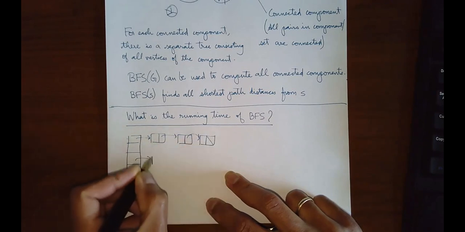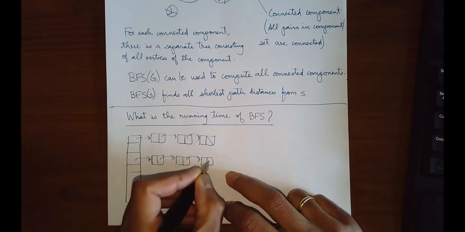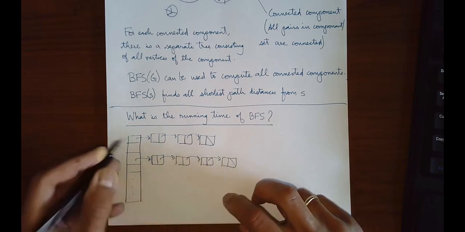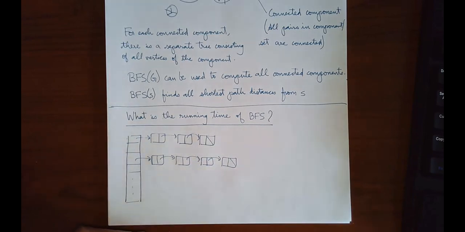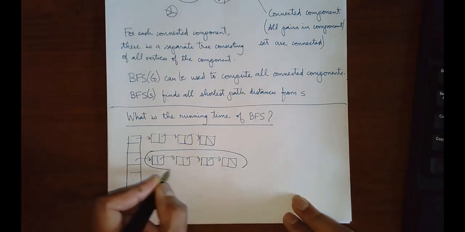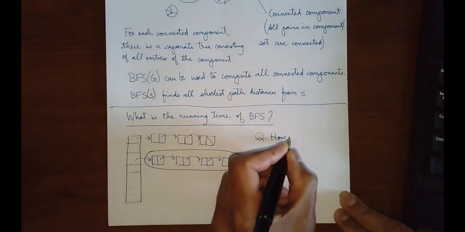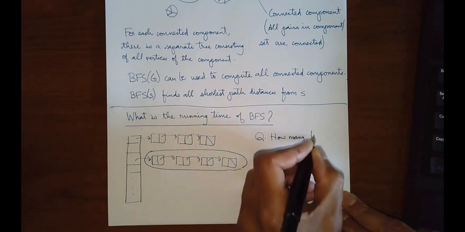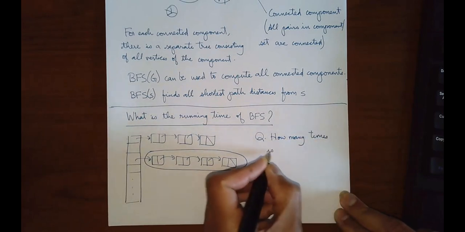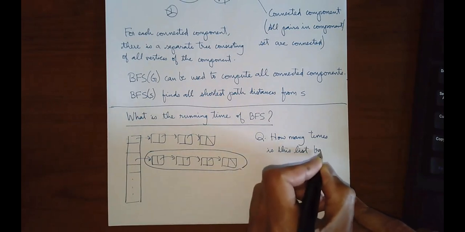Here we have something more, and so on and so forth. Question: how many times do we go through this entire list? How many times is this list traversed?